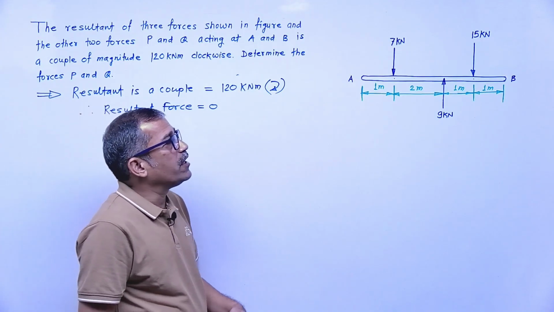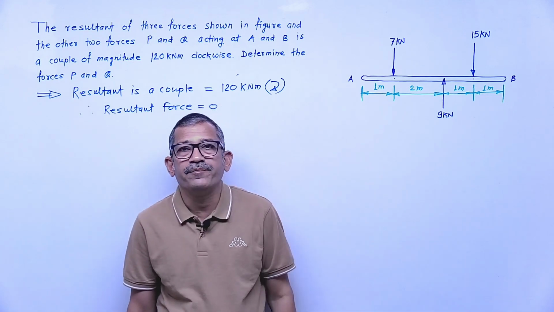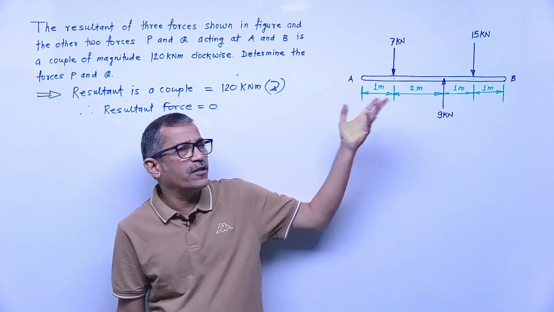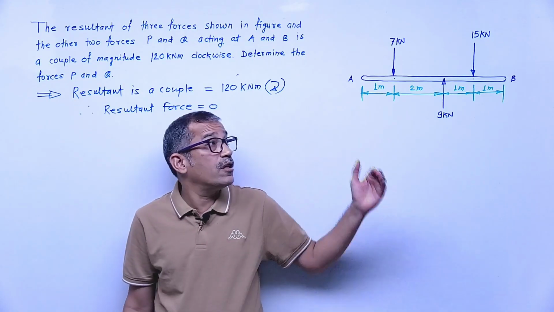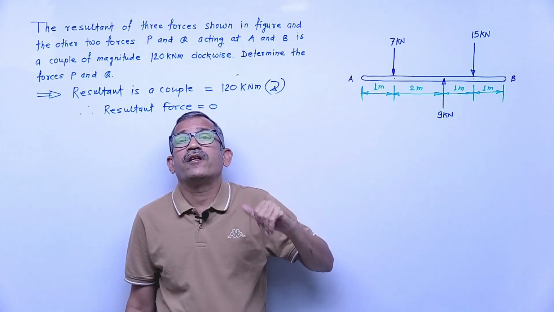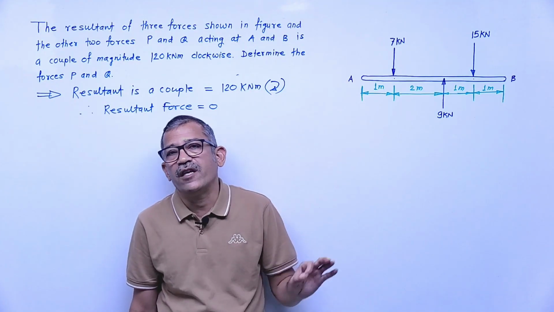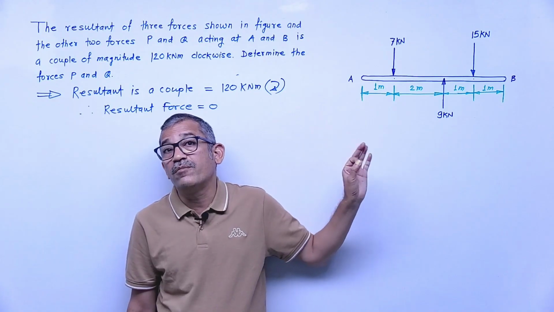Anywhere in mechanics, whenever we assume some force in some direction and we apply equations, we don't know what is the direction, maybe upward, maybe downward. We will assume some direction. That assumption is important. After solving the problem, if answer comes out to be positive, that means assumed direction is correct.